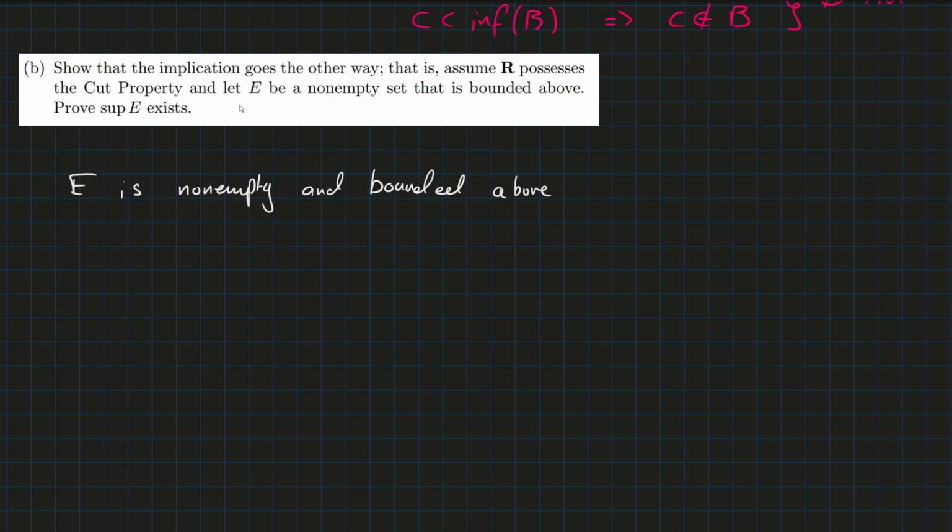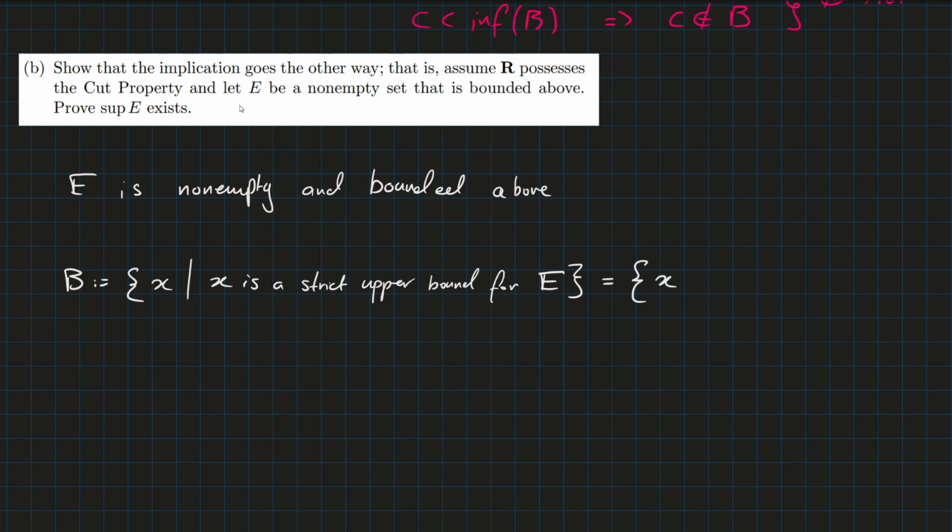Okay. So if we take B to be basically the set of x such that x is, let's say, a strict upper bound for E, then we can conclude, which maybe another way of saying this is x such that e is less than or equal to x for all e in E, then we know that B is non-empty, right?